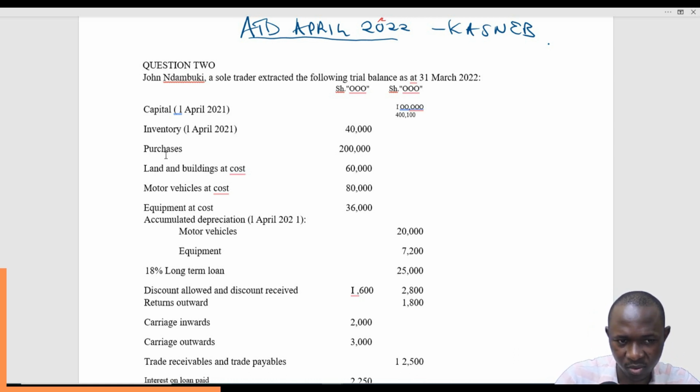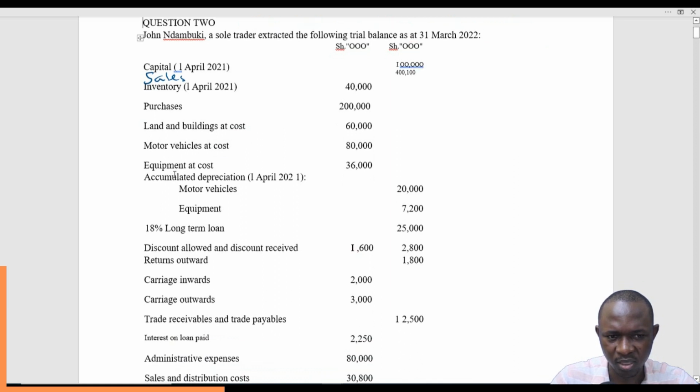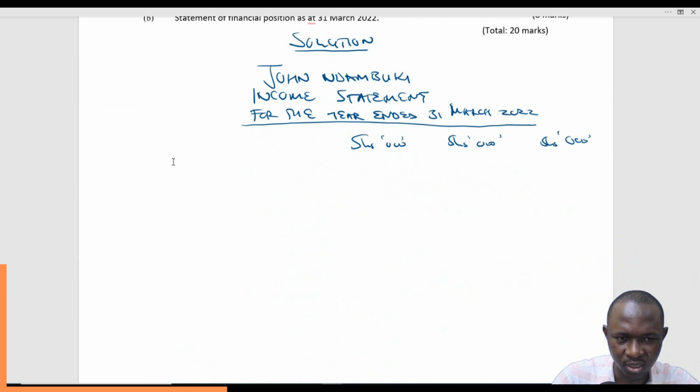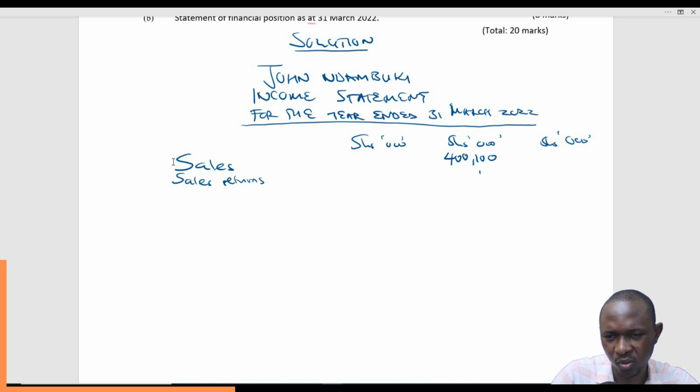I think there was a problem with the question. So these are the sales. Sales is 400,100. So we'll come here and say sales 400,100. Since we have some workings, it's always good to have it in the inner column. So sales returns, this is 100, you remember, and then we get the balance 400,000, like that.